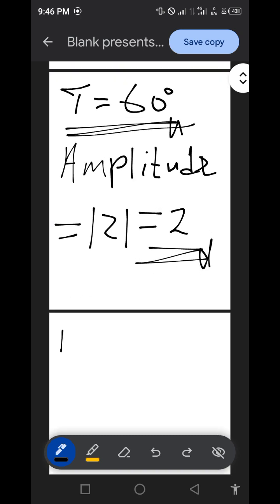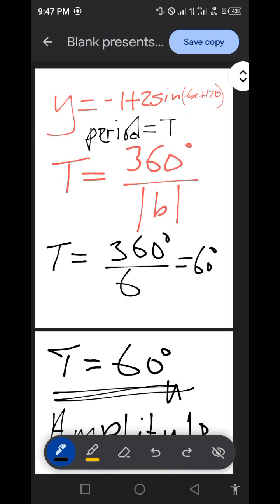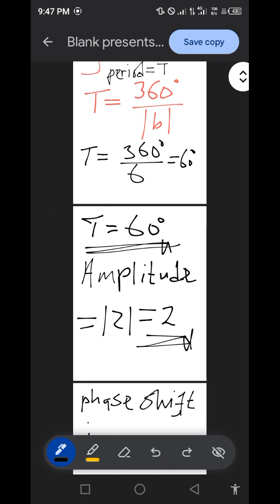So we can find the phase shift. Phase shift is such that we get what is inside the function, this component, equate it to 0 and find x.